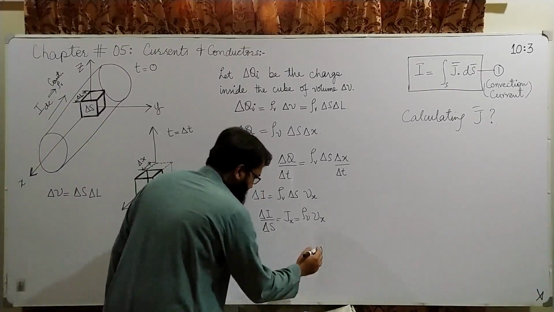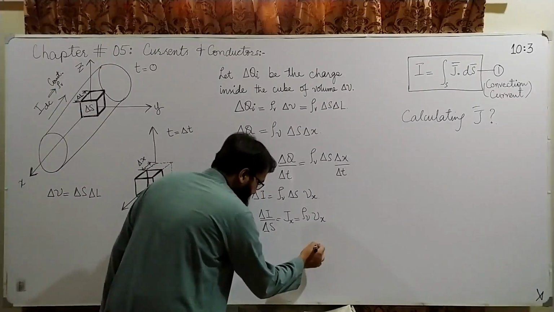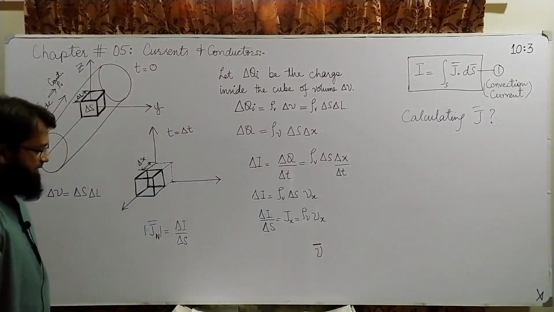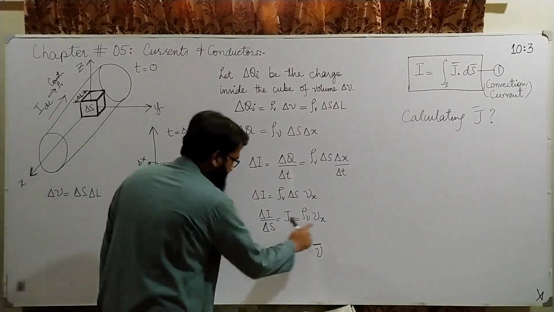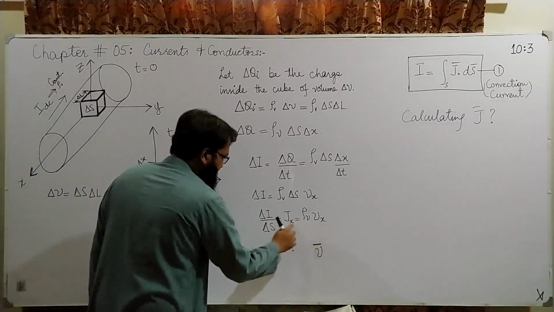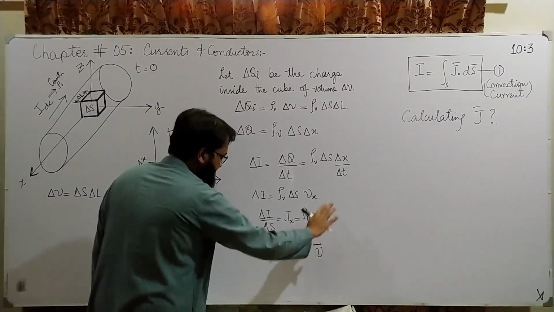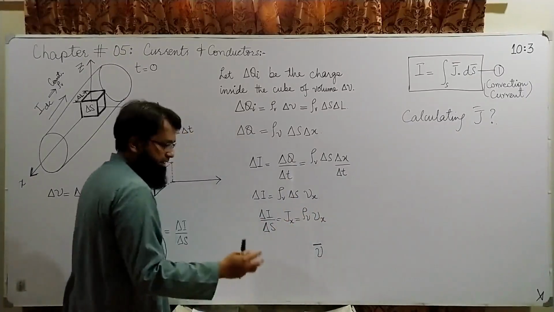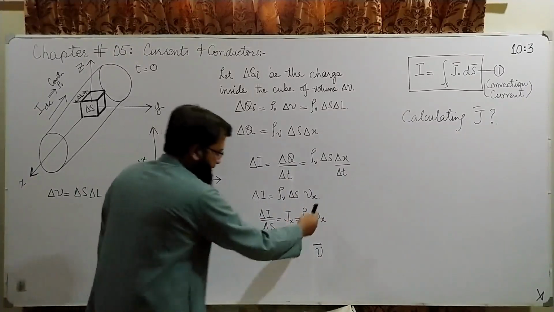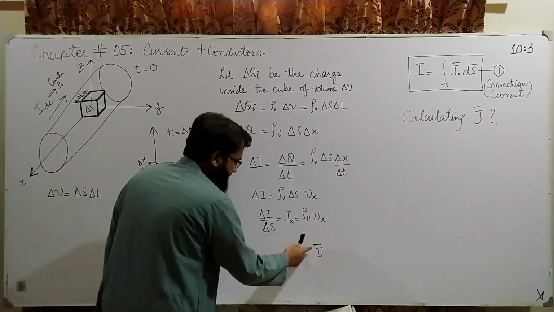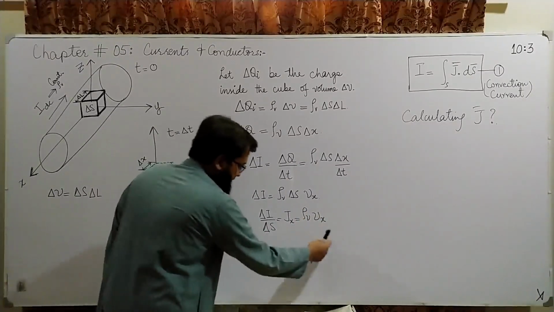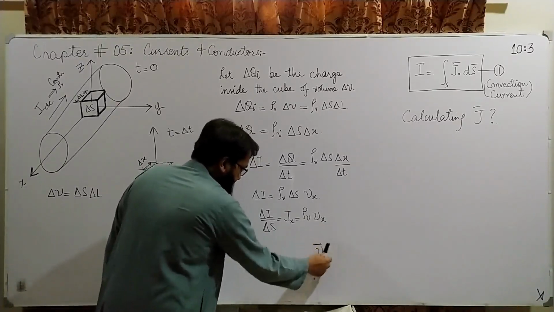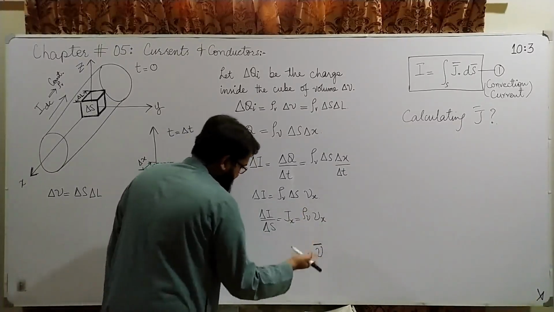And we know that generally, if charges are moving in v direction, then to emphasize that direction we should take v, the velocity, as a vector quantity. Here the direction was implicit, that the charges are moving in x direction, so we did not bother taking v as a vector entity. But generally the charges can move in any direction, so we consider that by taking velocity as a vector entity, as it is.